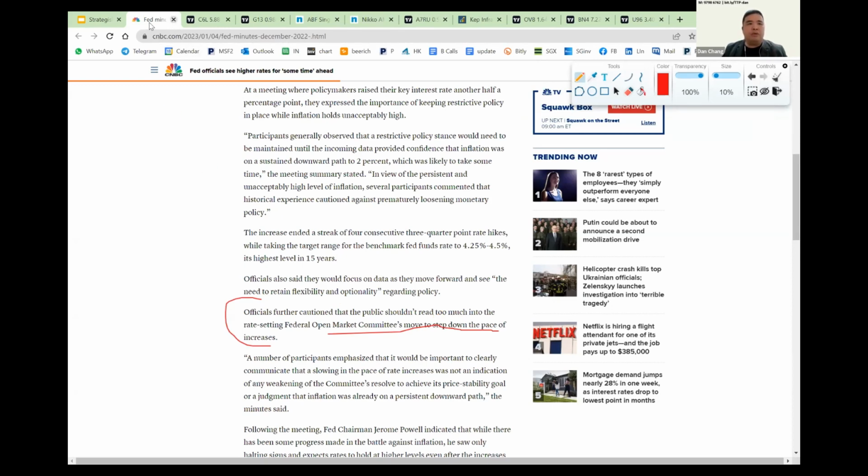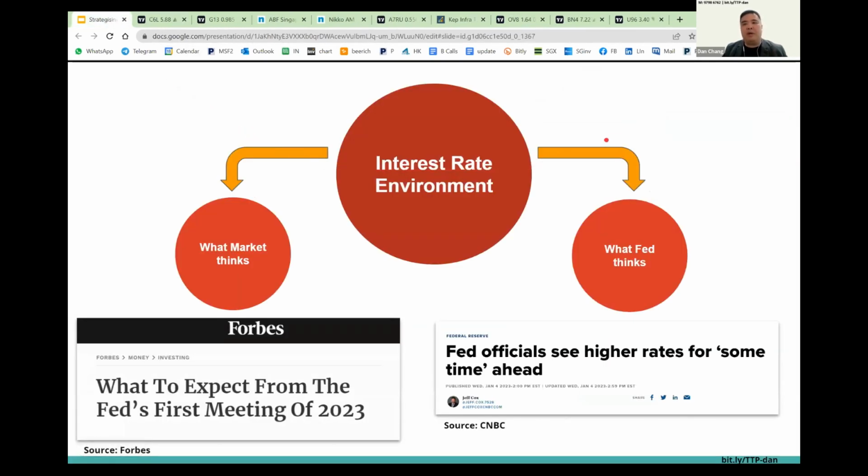Coming back to this, in my own opinion, I tend to lean towards what the market thinks, for a few good reasons. Number one, I think the Federal Reserve is being hawkish because they want to play safe, so that they can lower the expectation of the market.